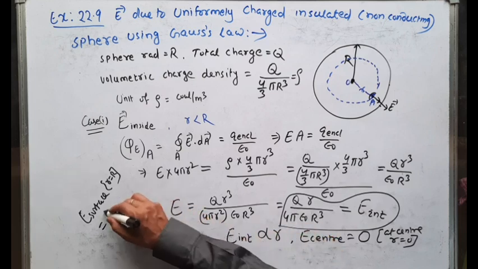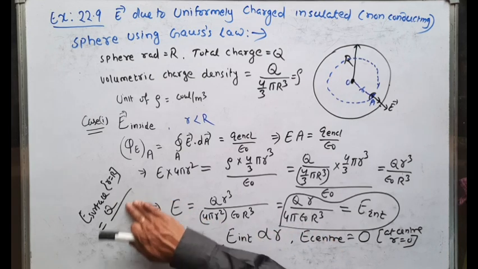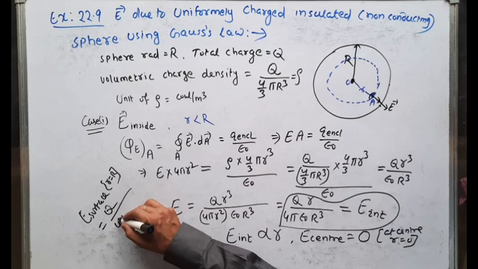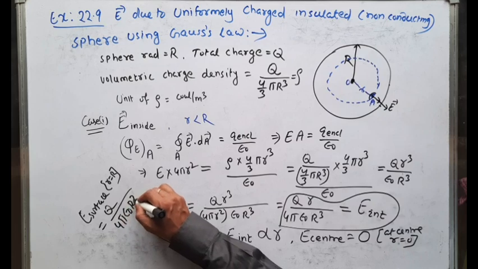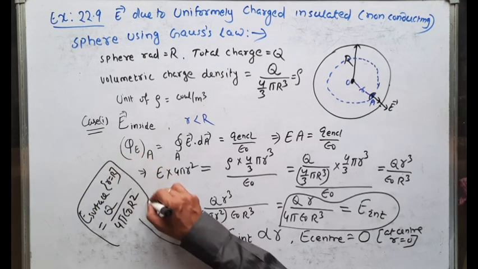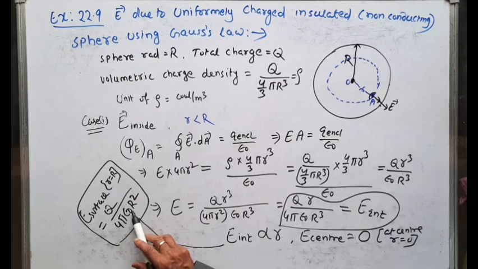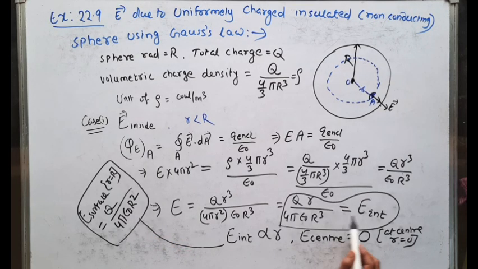So you will get Q divided by 4 pi epsilon naught R square. So this is the electric field intensity on the surface, and electric field intensity at the center is 0, and electric field intensity at any point within the sphere is equal to Qr by 4 pi epsilon naught R cube. Okay.